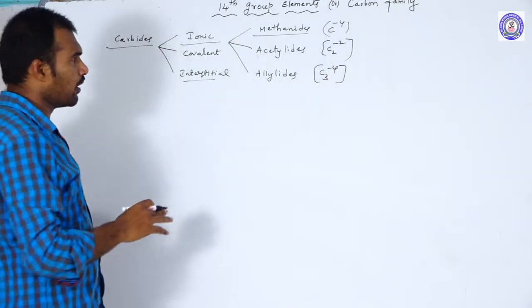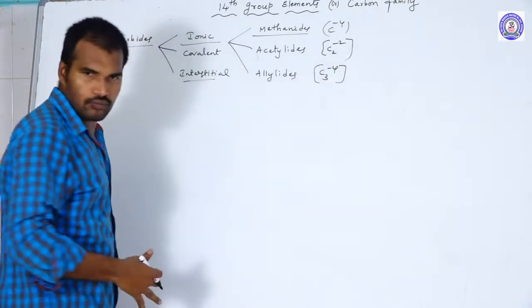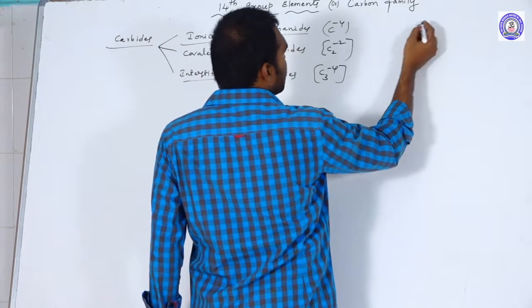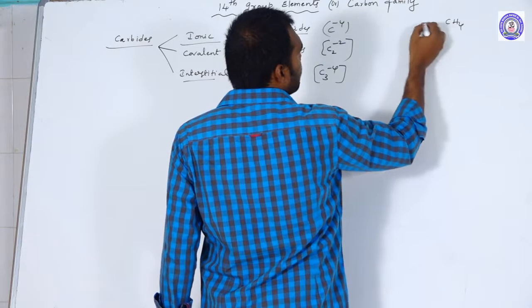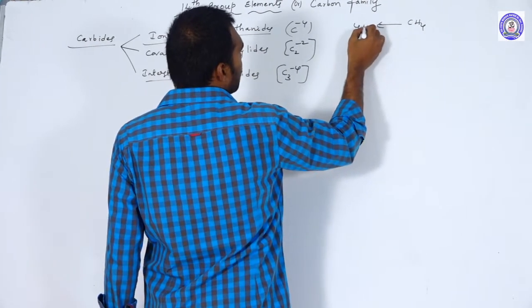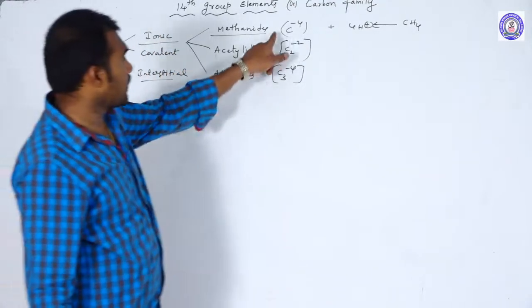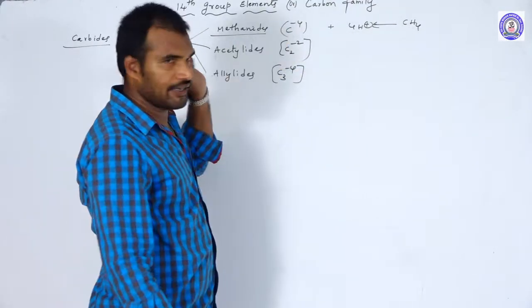How can we say this? For methanides, write CH4 and remove 4 hydrogens. If you remove the 4 hydrogens, what remains is C minus 4. It comes from methane. That is why it is a methanide.